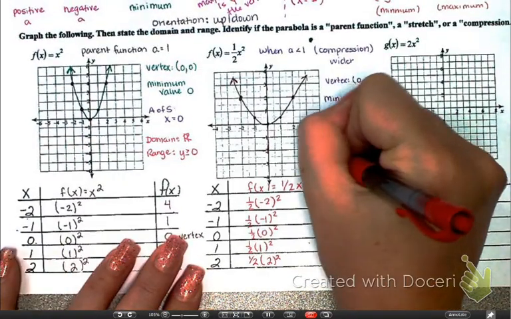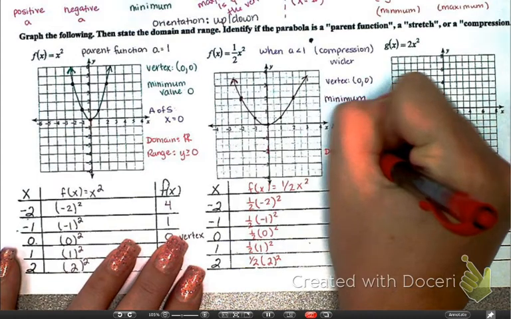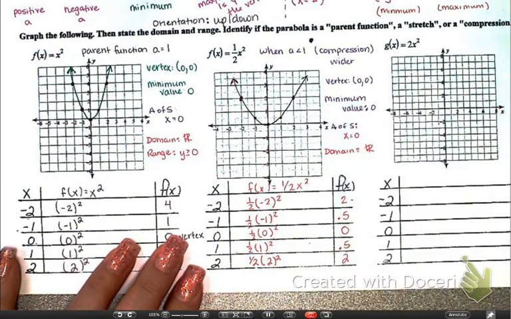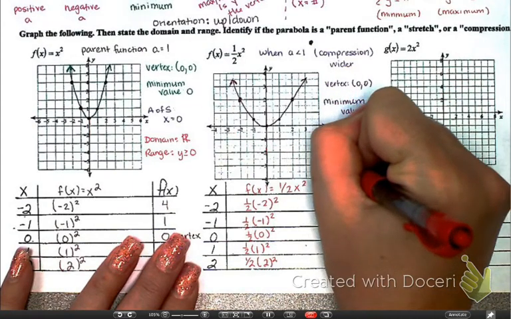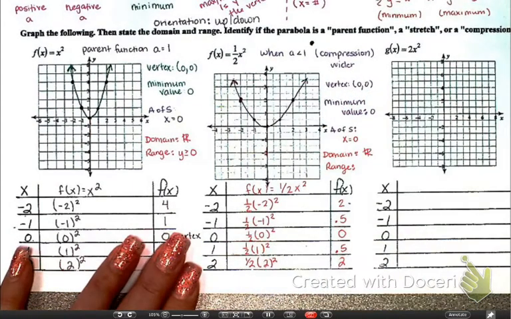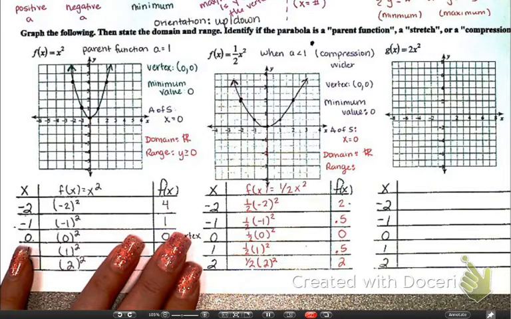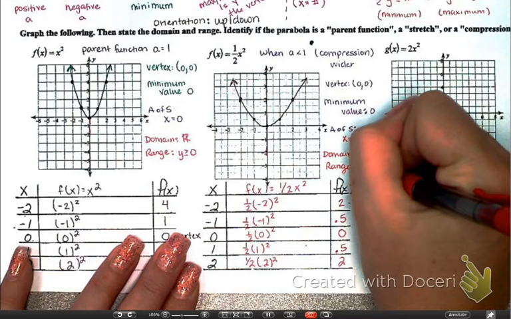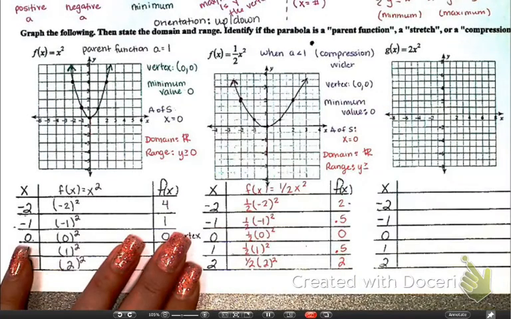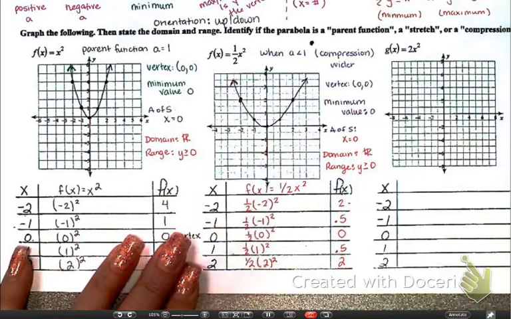What's the domain? All real numbers. Good. That's not going to change. And what's my range? Are my y values getting larger or smaller? Larger. They're going up, so it's y is greater than or equal to 0, which is your minimum value.